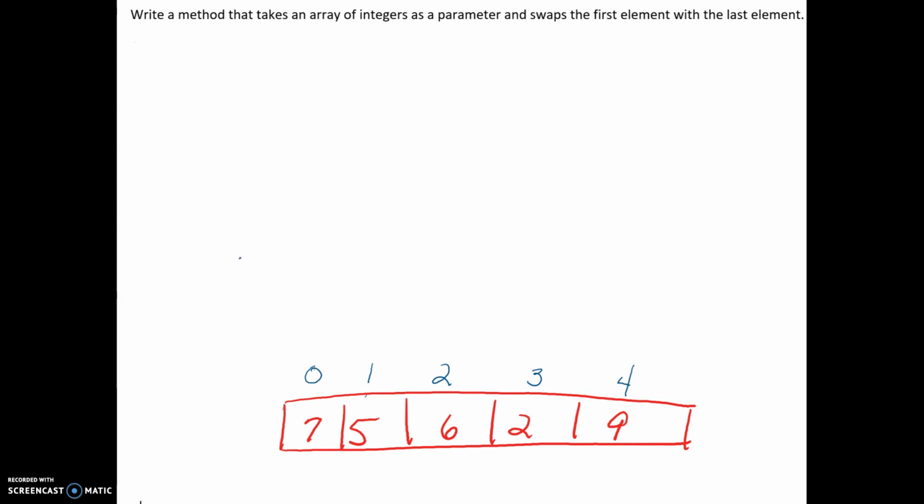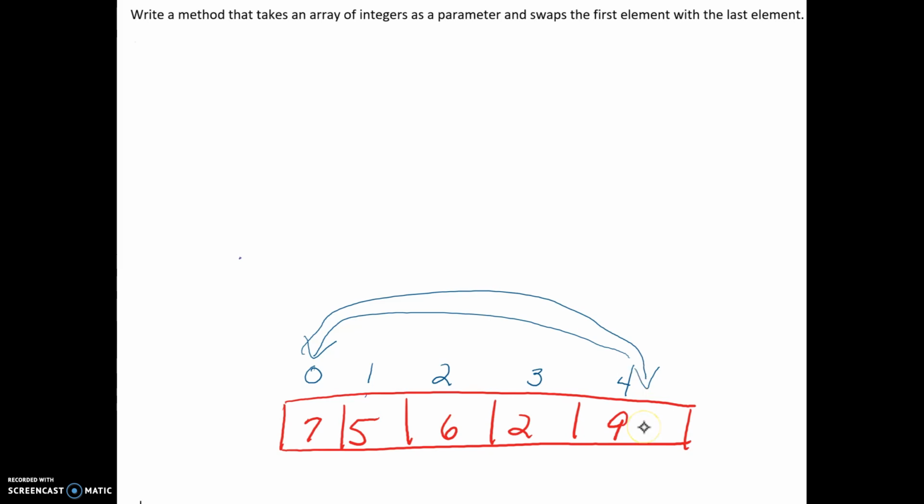So what we want to do in FL swap is take the element that we have in index position 4 and swap it with what we have in index position 0. So we're just going to swap this, and then we're going to swap that way. So what we want to happen is when we're done with our swap, our array will read 9, 5, 6, 2, 7.